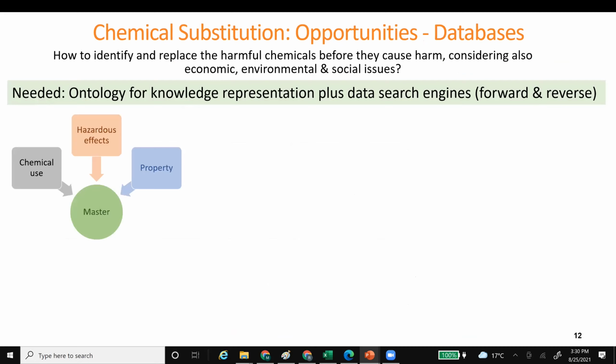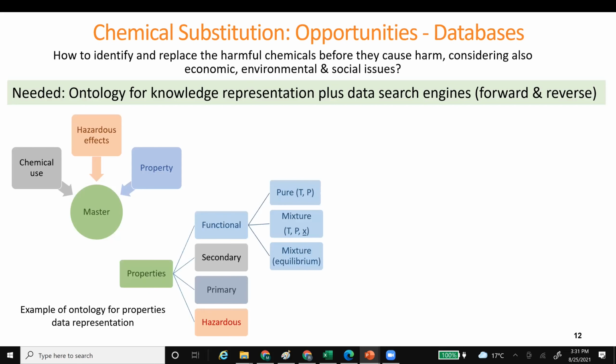So now let's look at the opportunities with respect to the database. As we talked about, we have a master database with different sets of properties. So these are, one could say, different parts of the database. And we need an ontology to represent the data, as well as to use that ontology for search engines, both forward and reverse.